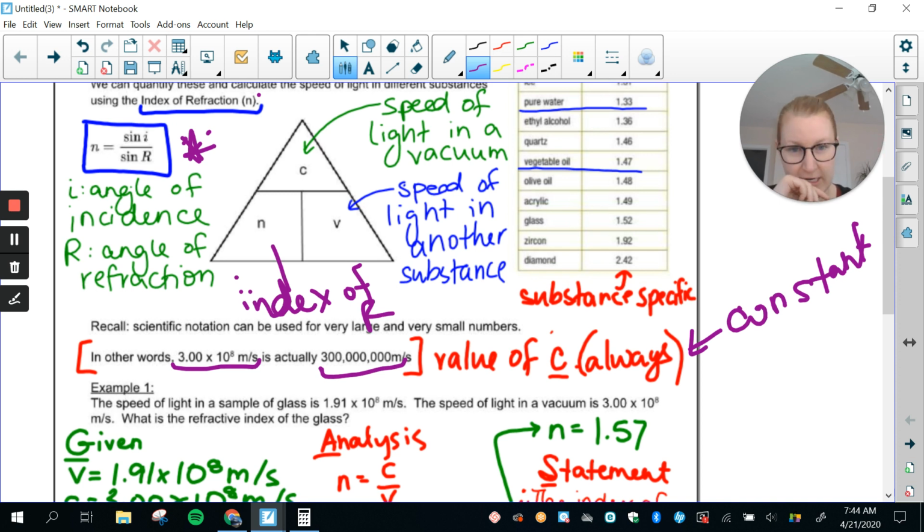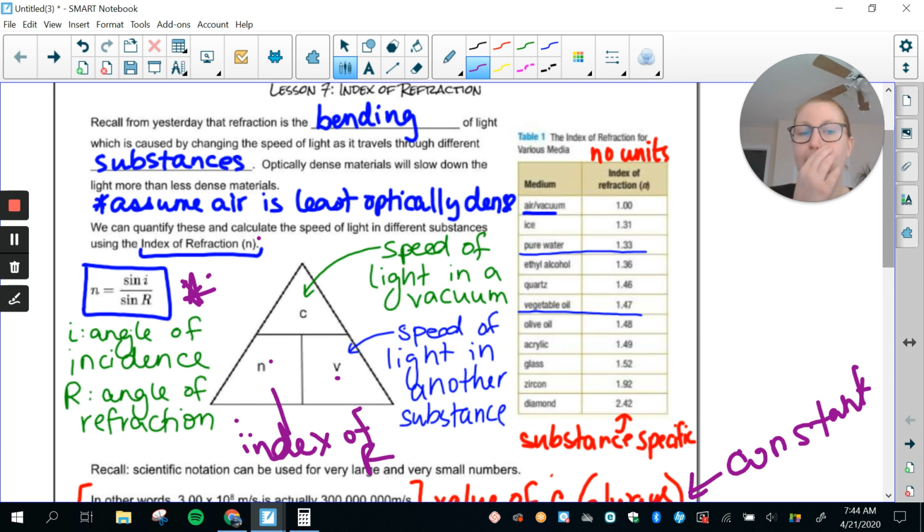Now, what does change depending on which type of medium you have, which type of substance, are your n and your v. So the table that I've popped in over here is the index of refraction for different media. If I'm looking at air or a vacuum, it's going to be 1. If I'm looking at anything else, it's going to change the number. And essentially the reason for this is that the speed is going to change.